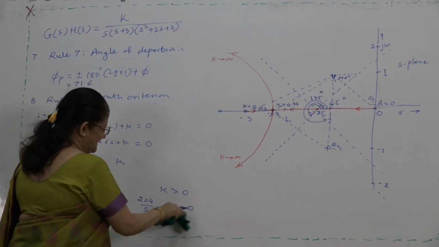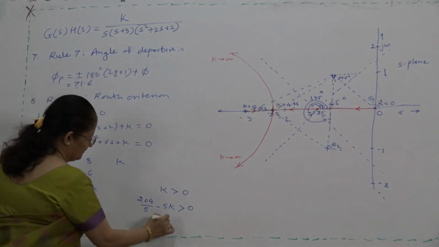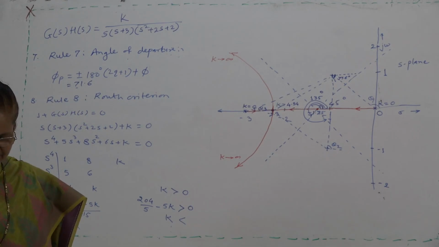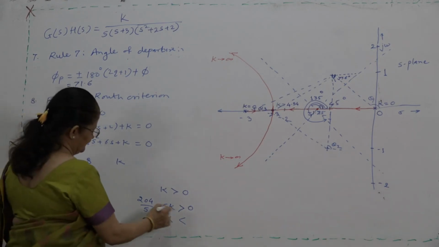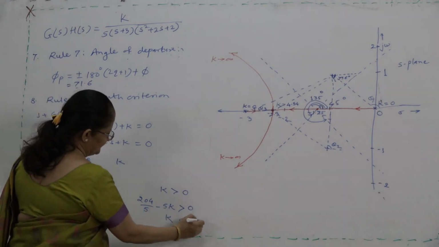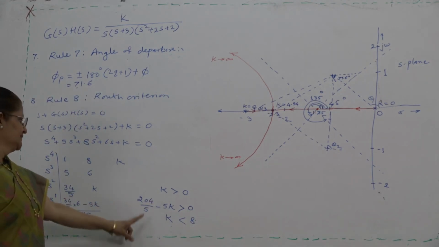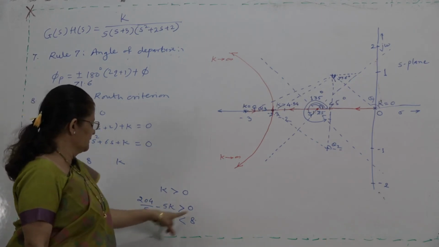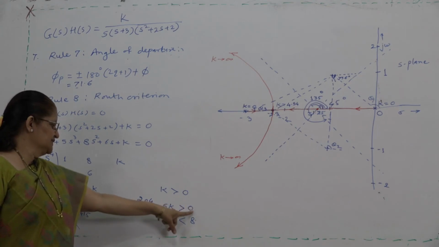If you multiply this, what value do you get? 34 into 6, 204 divided by 5, check it. So, I will write it properly: 204 divided by 5 minus 5K, it should be greater than 0.